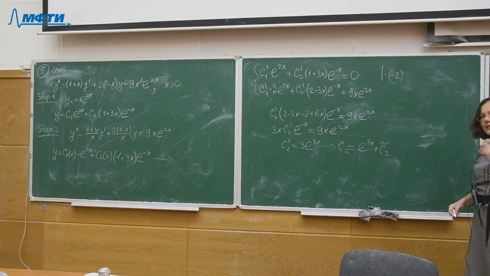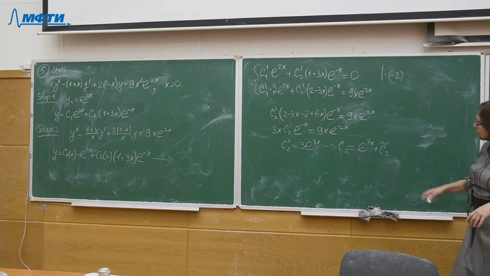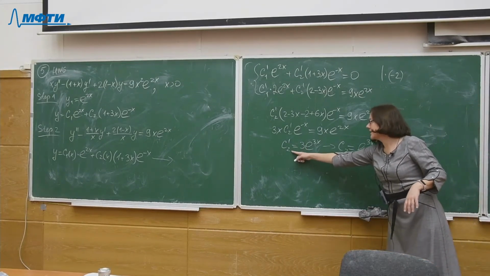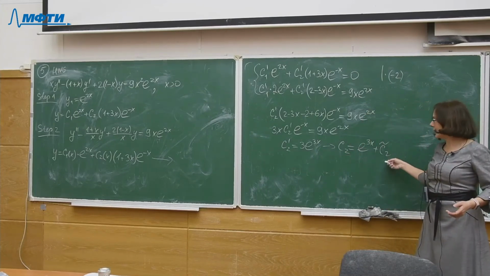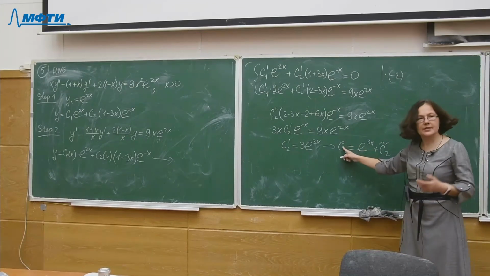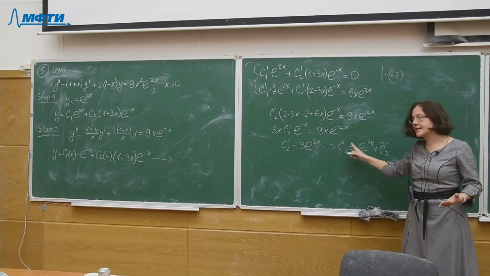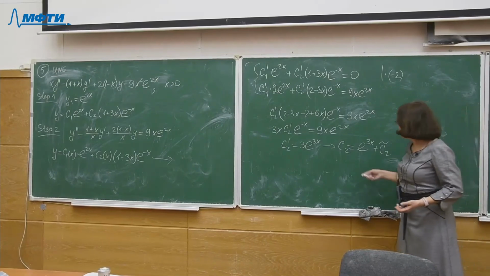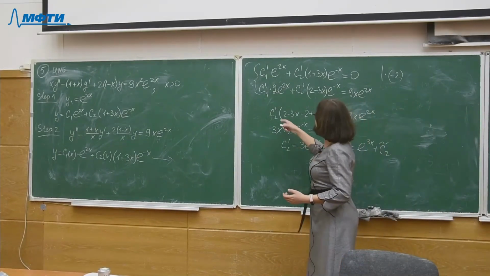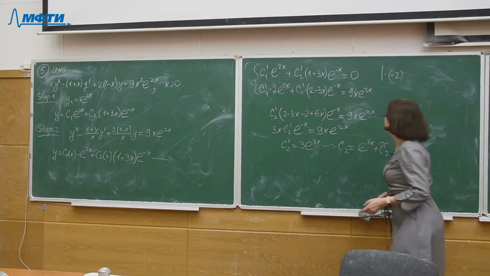Tilde is the constant. Because we integrate this, to find C2 we need to integrate C2 prime. So this is not a constant, this is a function depending on x, and C2 tilde is a constant now.